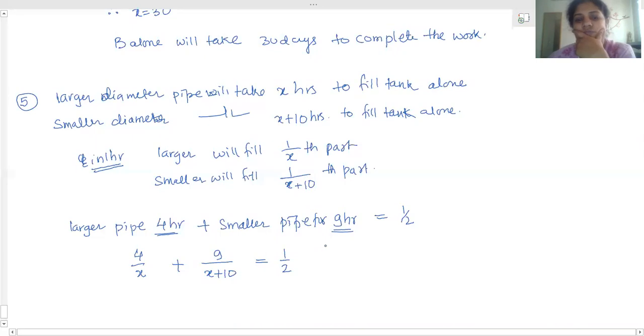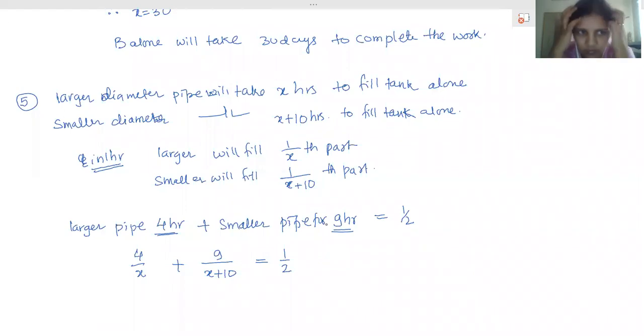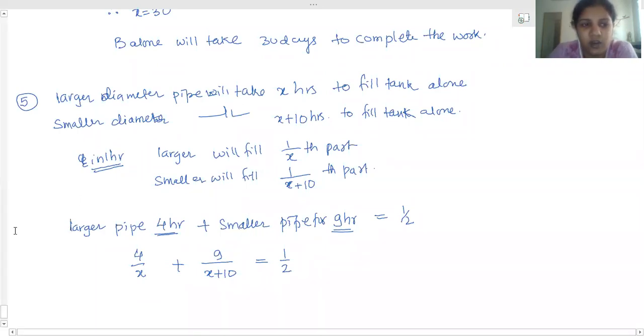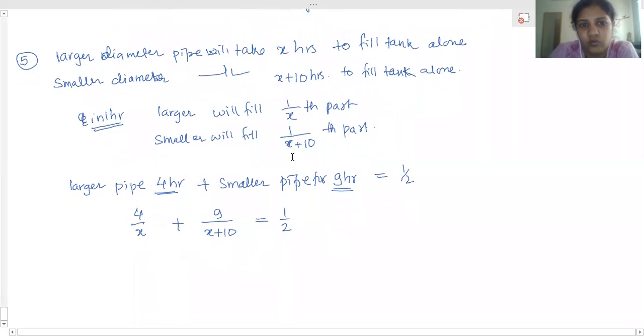Yes, ma'am. Because the same question is again given in linear equation in two variables. Ma'am, I still didn't get the bottom part. The last one. The larger pipe, 4 hours and 9 hours is their work done. In 4 hours, how much part will the larger pipe do? 4 by x.